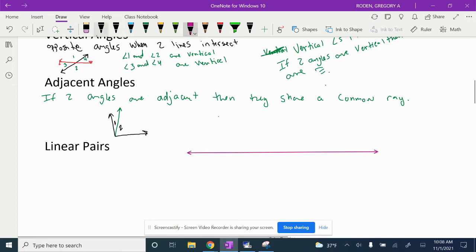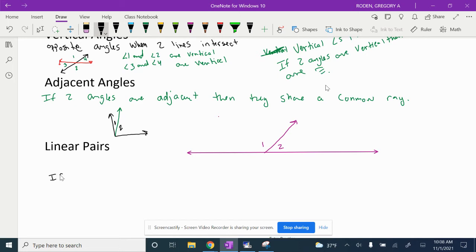If they're adjacent and supplementary, like these two angles right here, 1 and 2, why are they supplementary, guys? Because the two angles add up to 180 degrees. Why are they adjacent? Because they share a common ray. So remember, a linear pair.